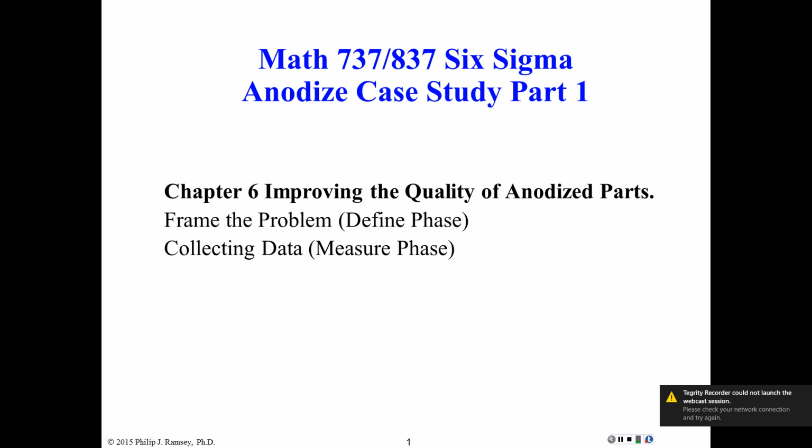In this particular case, we're going to begin. I'm going to give you an overview of the case study, show you how some of the quality tools have been used in the define phase, and then we're going to start a discussion of an important issue called measurement capability, or MSA.